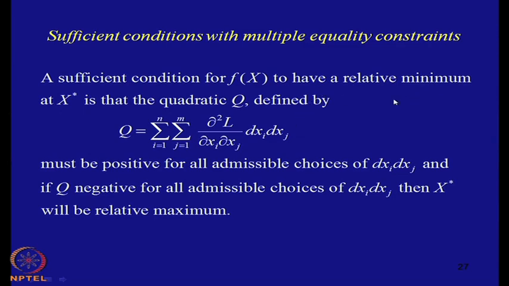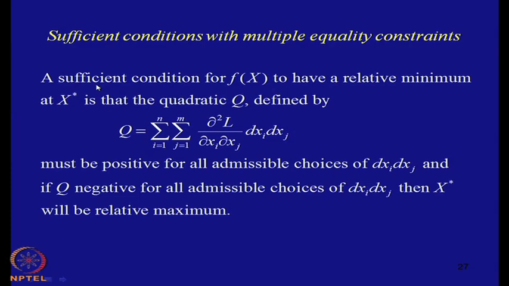For applying the sufficient condition, we need to construct the Hessian matrix with L. The Hessian matrix will be positive definite for a minimum, negative definite for a maximum, and for a saddle point it is neither positive definite nor negative definite.